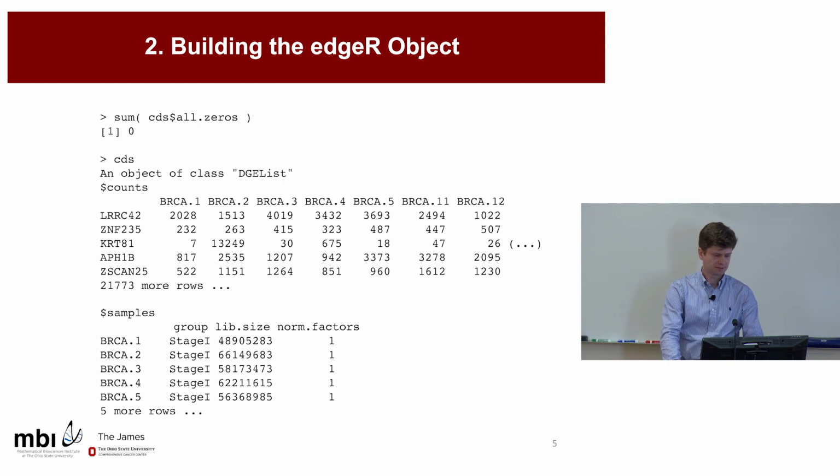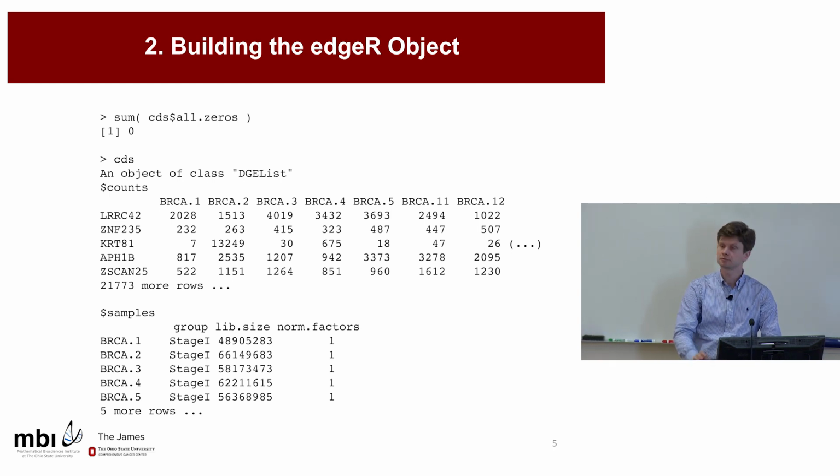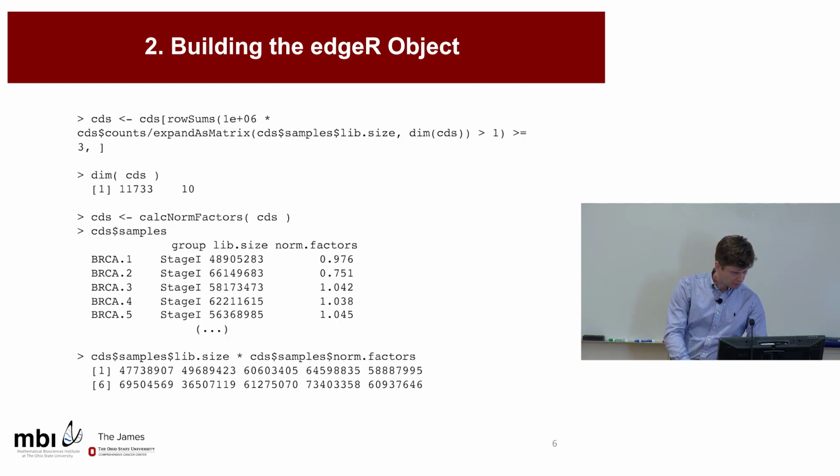And you will see that the norm factors would be adjusted. So here it was 1, each sample was considered as 1. Here it is adjusted. And you can also check the library size by multiplying the library size by the normalizing factor.